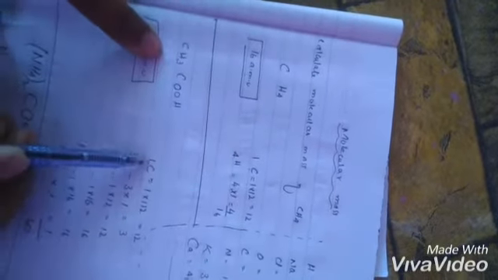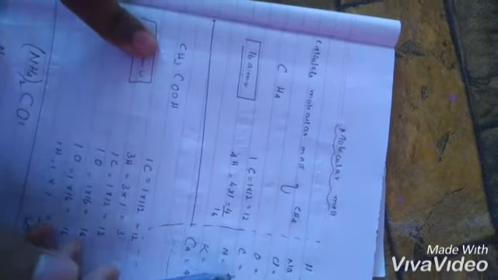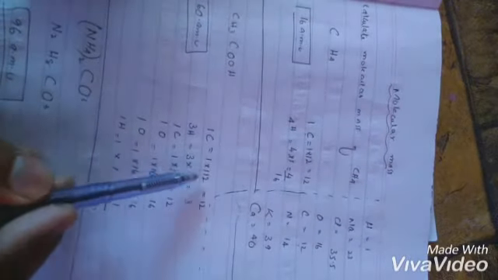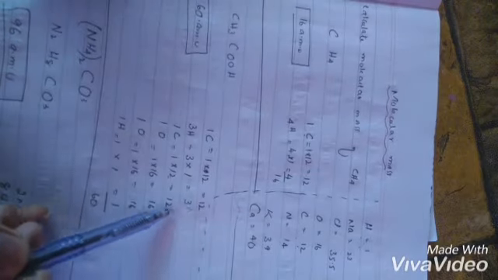Then the atomic mass of carbon is 12, so 1 multiply by 12, 3 multiply by 1, 1 multiply by 12, and oxygen, the atomic mass is 16, so 1 multiply by 16, 1 multiply by 1. Then I have to solve all of them, and after the addition, the answer will be 60. 60 is your answer.